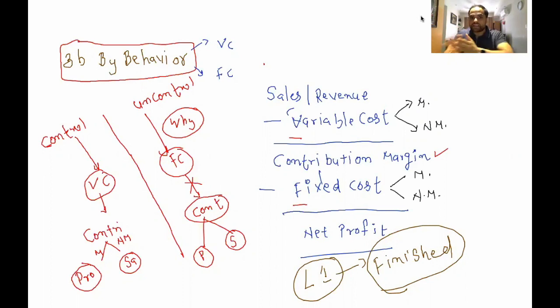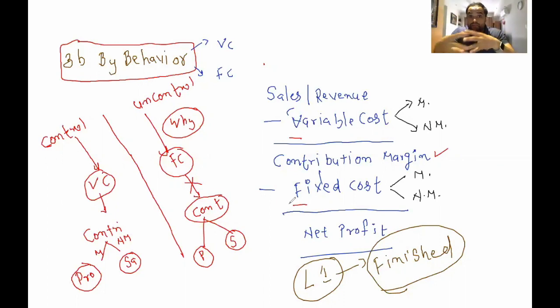Then we moved on to the third session, which is presenting financial information, right? We studied 2 things. First, we present financial information to 2 types of users, internal and external. Why do users need information?